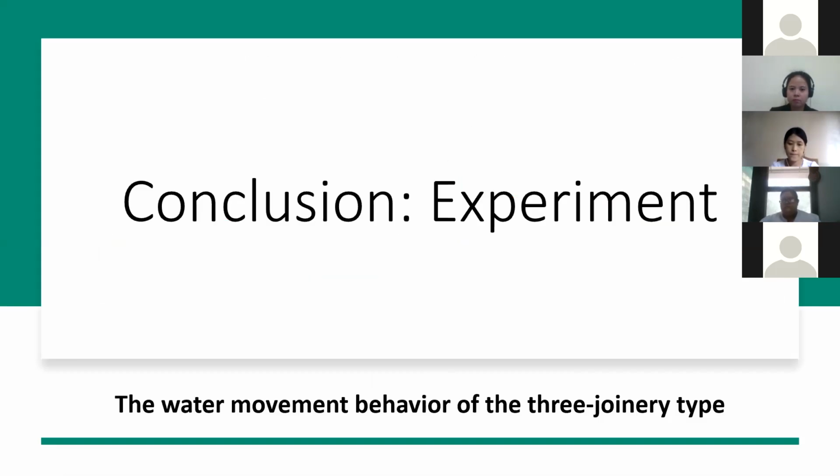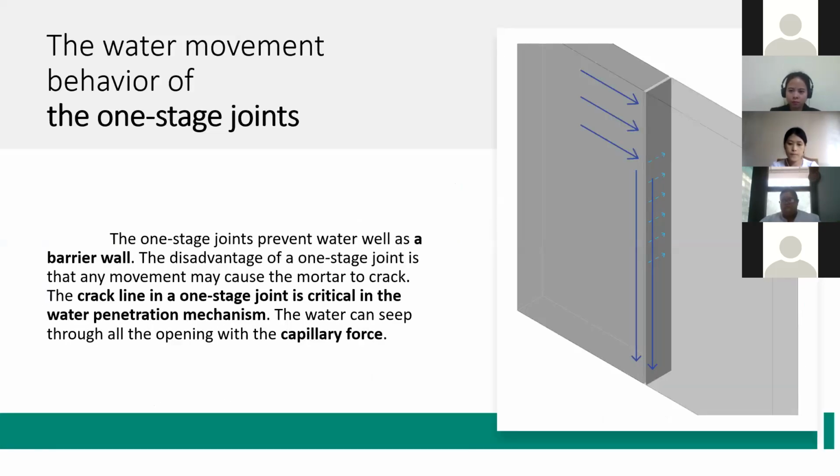For the conclusion on water movement behavior, the one-stage joint prevents the water like a barrier wall, as one solid wall. But the disadvantage of this type of joint is that if there are cracks or anything on the joinery, the water may go in with capillary force.